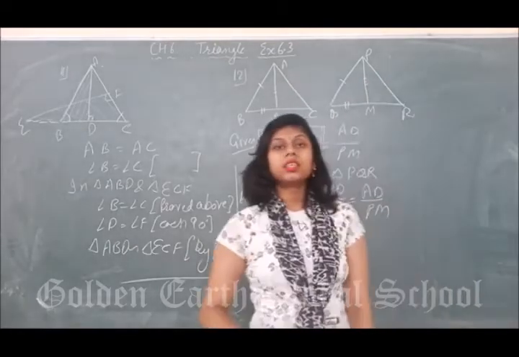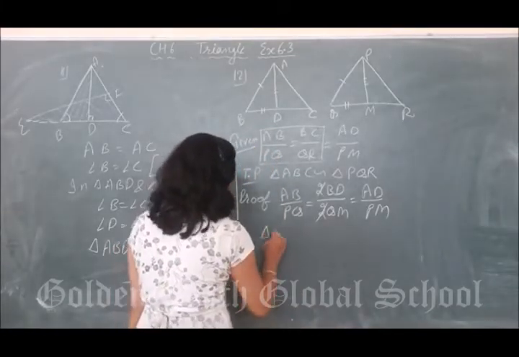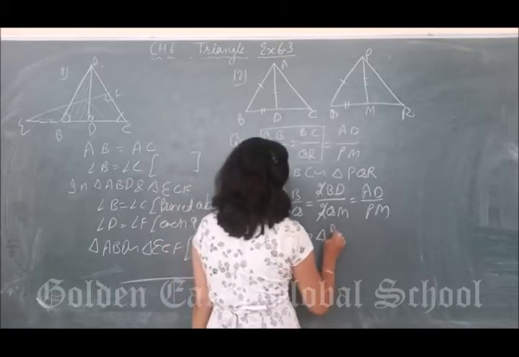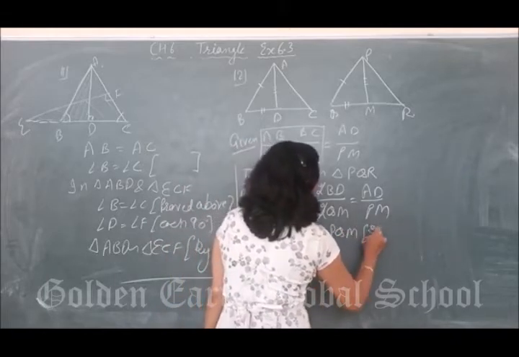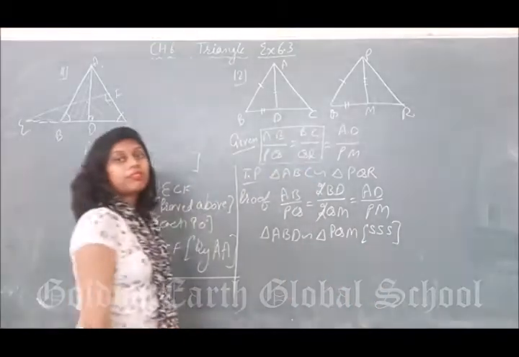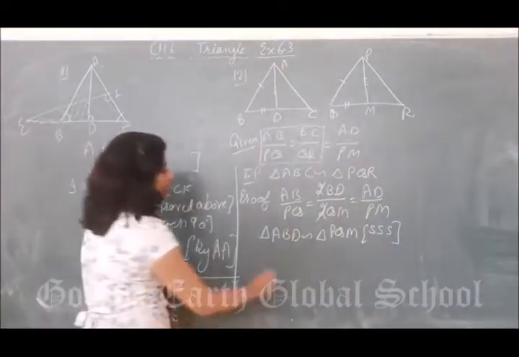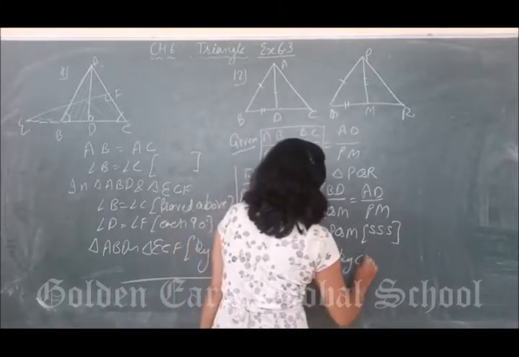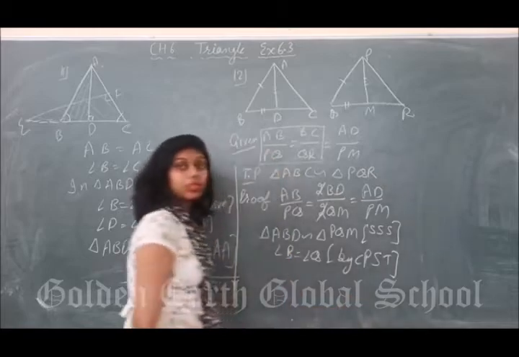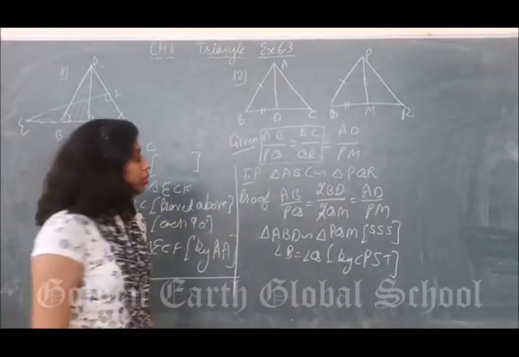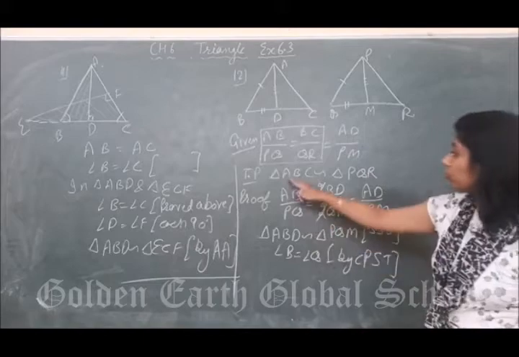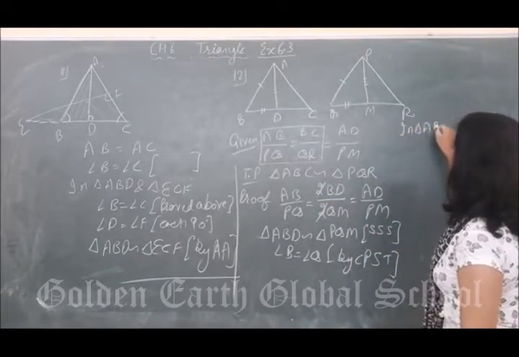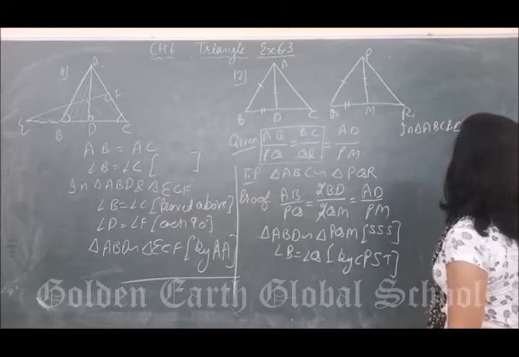So we can say these smaller triangles are similar by the SSS rule. If smaller triangles are similar, then we can say angle B is equal to angle Q by CPCT. Now we have to prove the complete triangles are similar. So we will consider the complete triangles ABC and PQR.